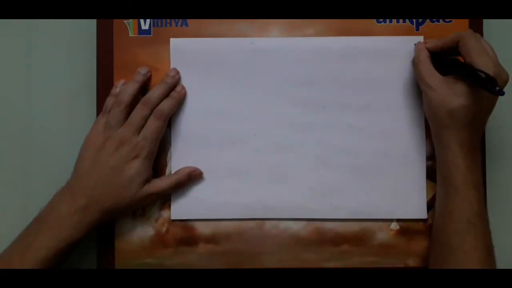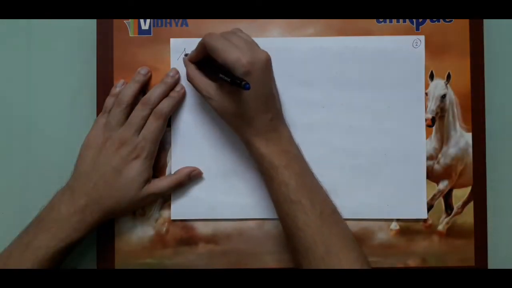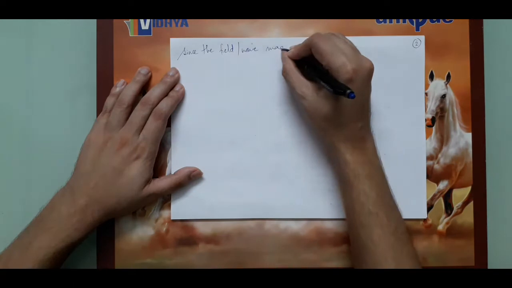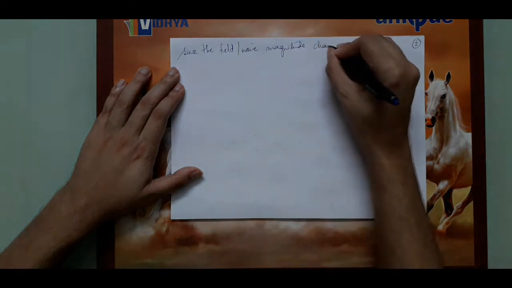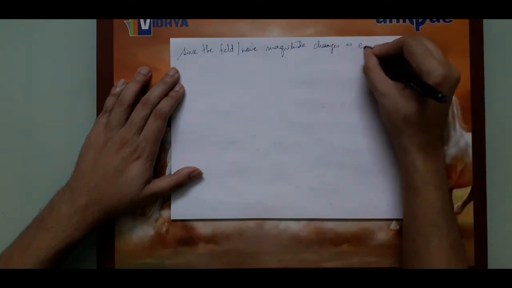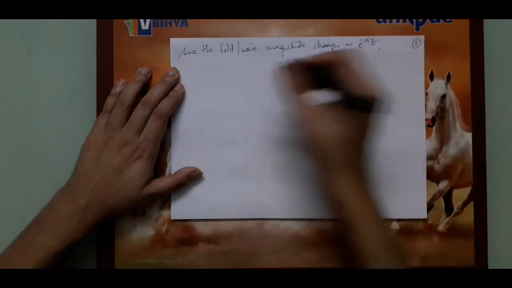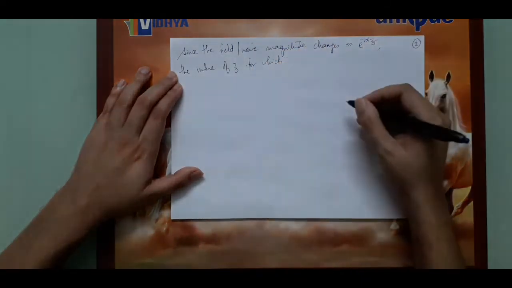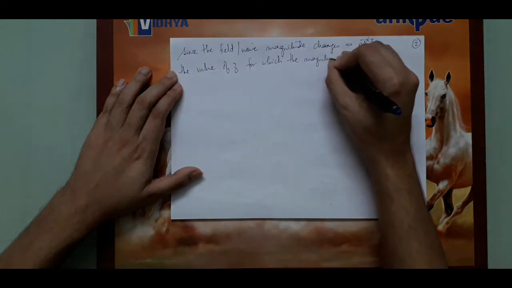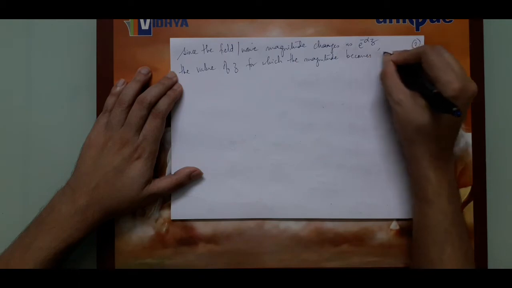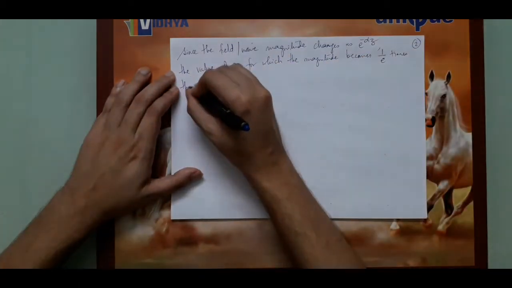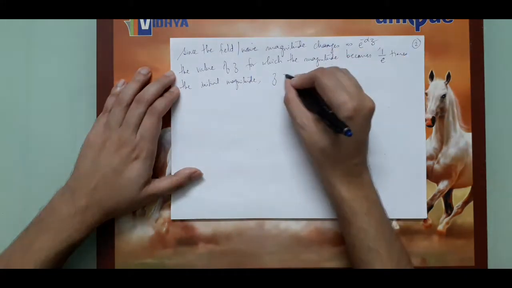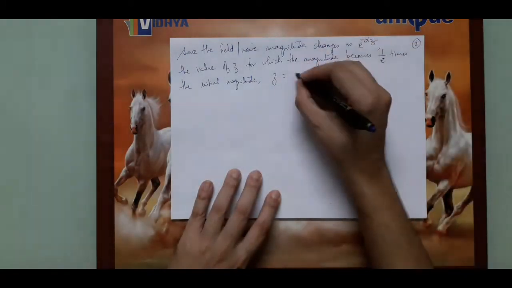So what can we say? We can say that since the wave magnitude changes as a function of e raised to minus alpha z, the value of z for which the magnitude becomes 1 by e times the initial magnitude, and that value of z, is nothing but 1 by alpha.